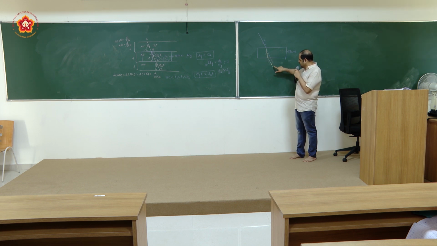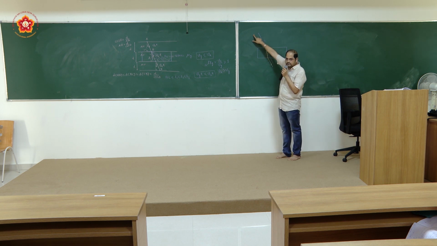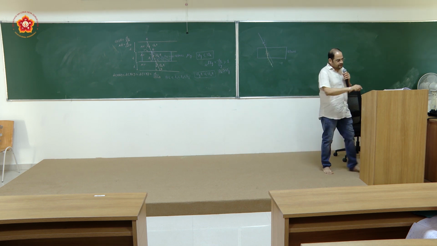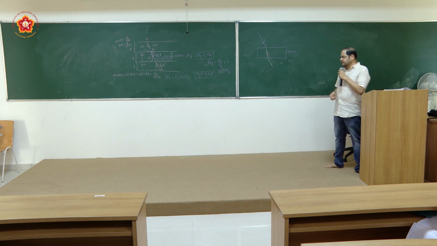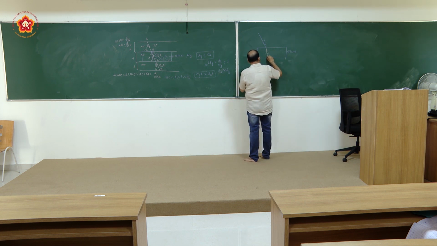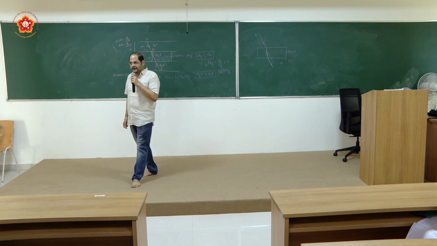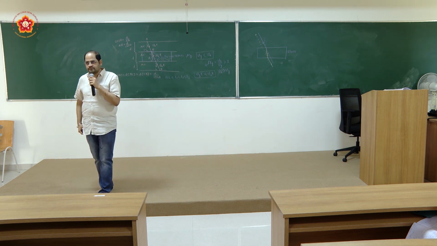As this light is finally entering here, I may feel that the light is coming from here. Am I right or not? How does the light travel? Light travels in a straight line. So if light is traveling in a straight line, it should appear to me in a backward direction as if the light is coming from this point. Whereas light originally started from the violet point. Am I right or not?